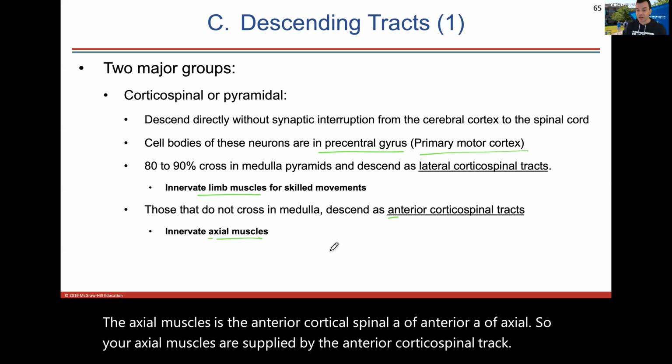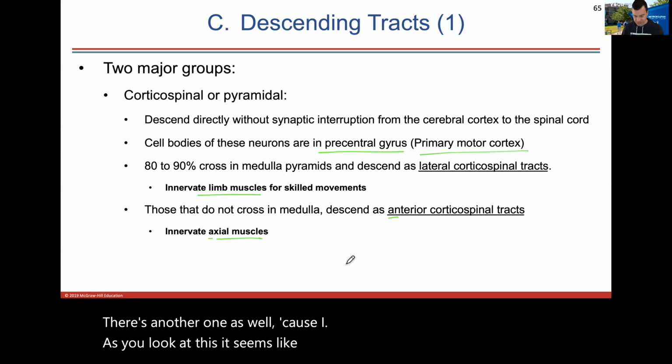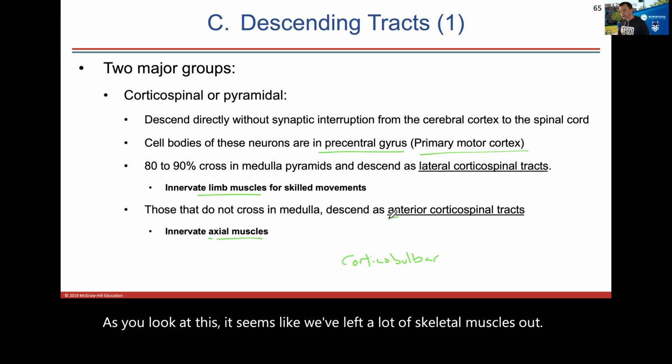There's another one as well, because as you look at this, it seems like we've left a lot of skeletal muscles out. Corticobulbar tract is not found in the spinal cord.